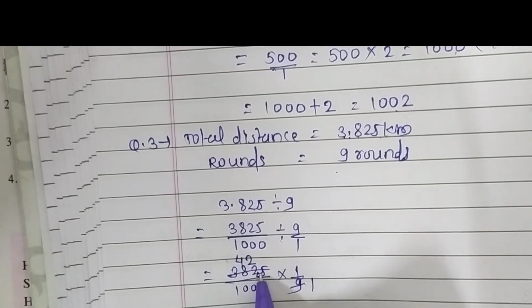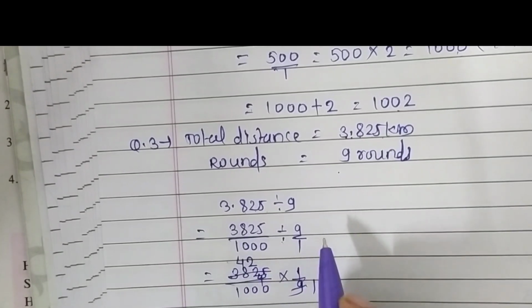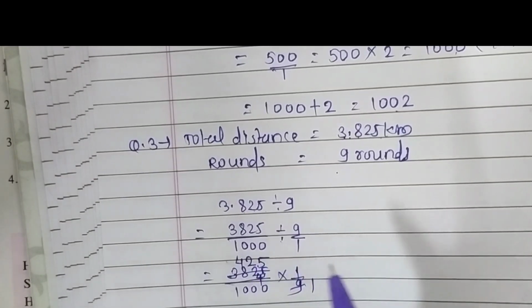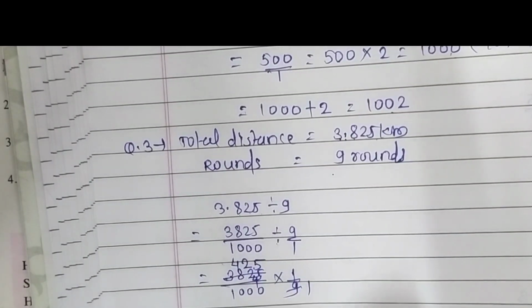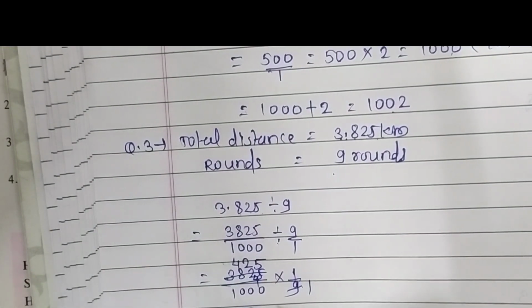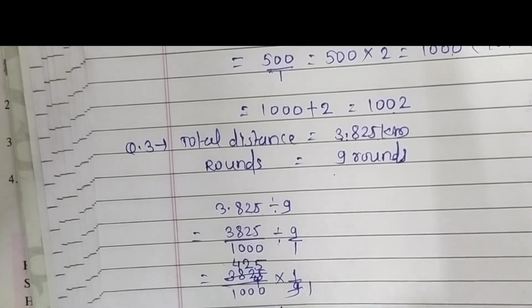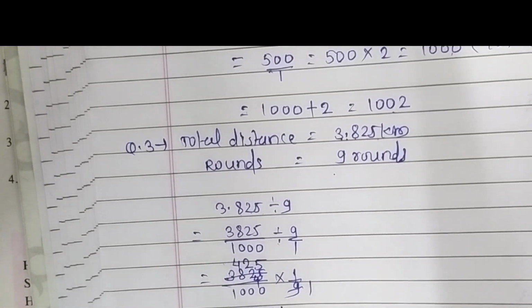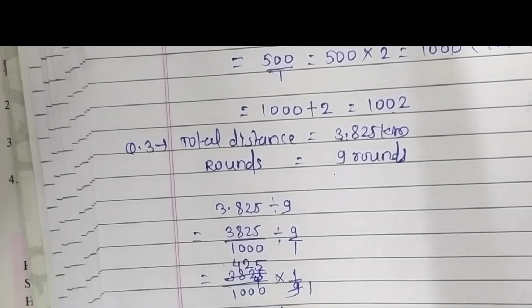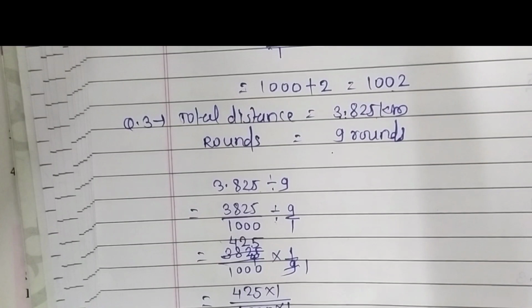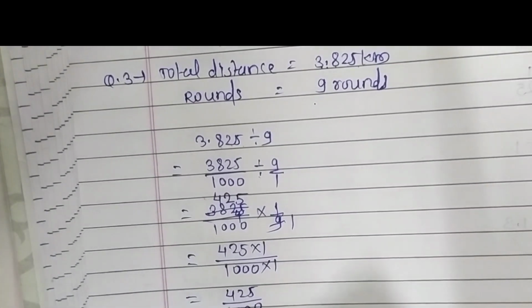Here 4 remains, it's 45 now, and 9 fives are 45. So on the numerator side the number is 425 multiplied by 1, and on the denominator side it's 1000 multiplied by 1. So here we get 425 upon 1000.